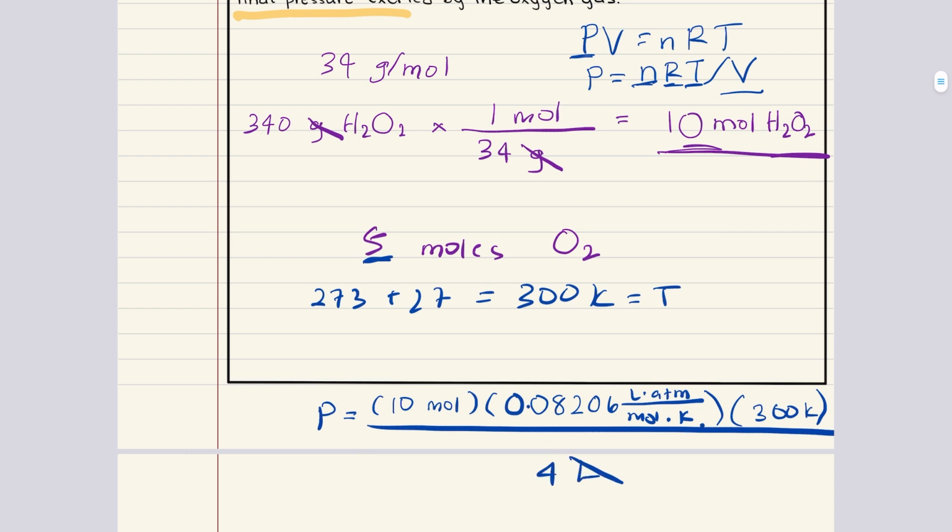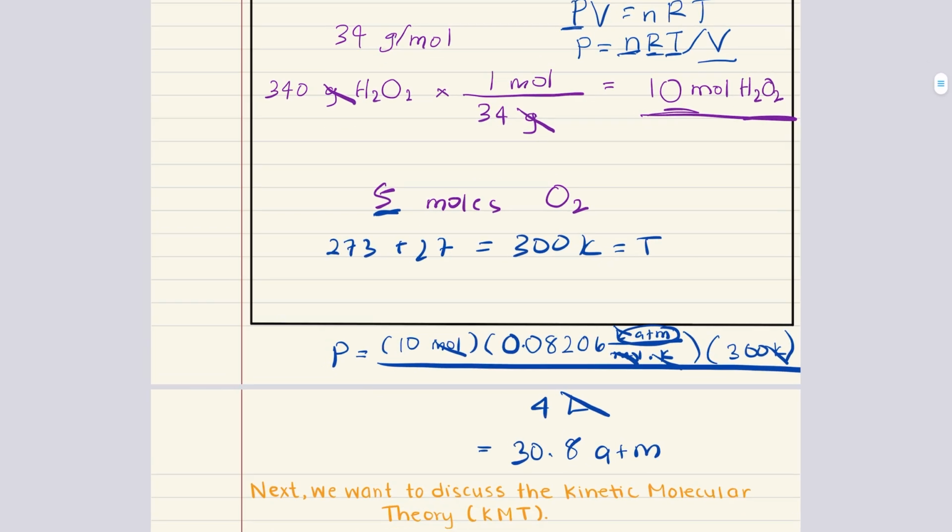Notice that liters cancel out, moles cancel out, and Kelvin cancel out. What we're left with is atmospheres, which is the exact unit we want if we're calculating pressure. Plug this into a calculator and you're going to get 30.8 atmosphere. So the final pressure is 30.8 atmosphere.